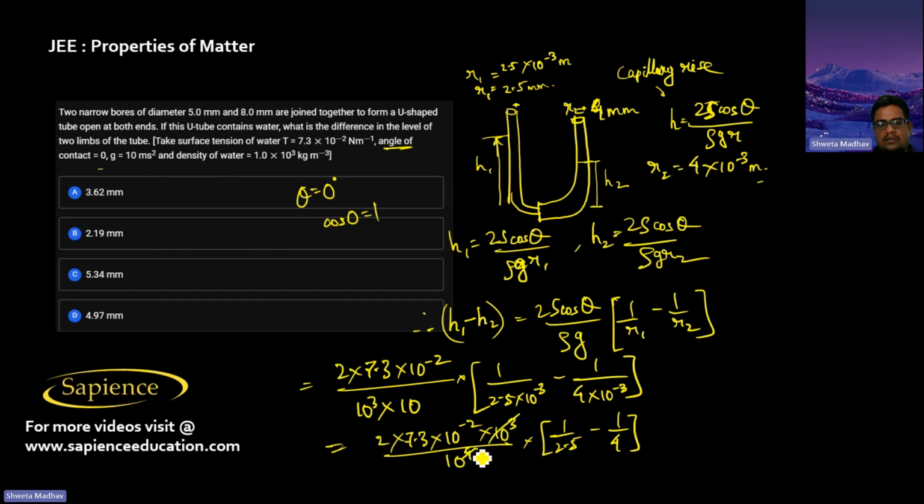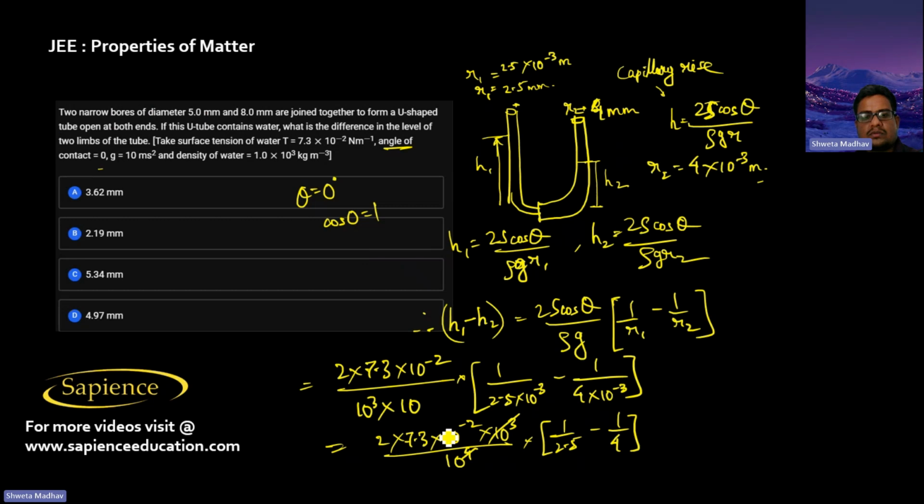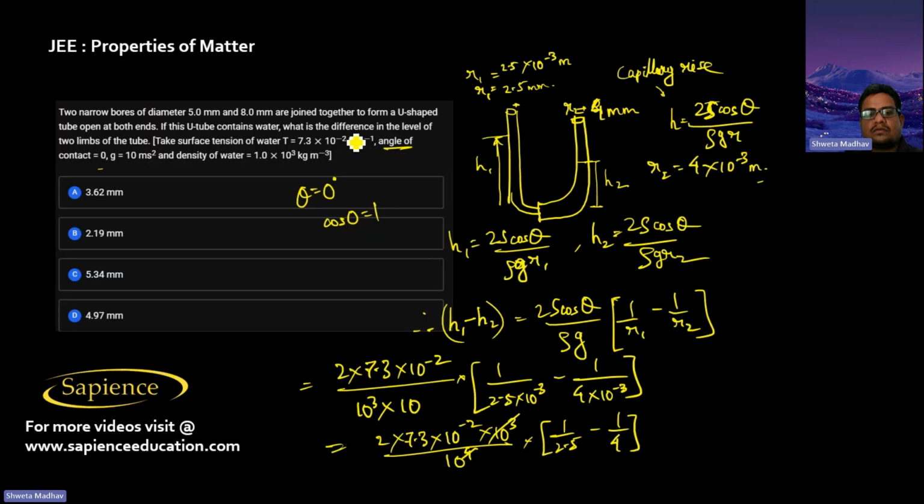So h1 minus h2 is 2 into 7.3 into 10 power minus 3, into 1 by 2.5, which is 10 by 25, minus 1 by 4.